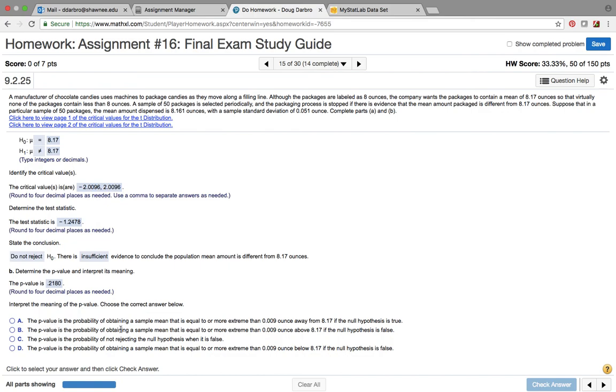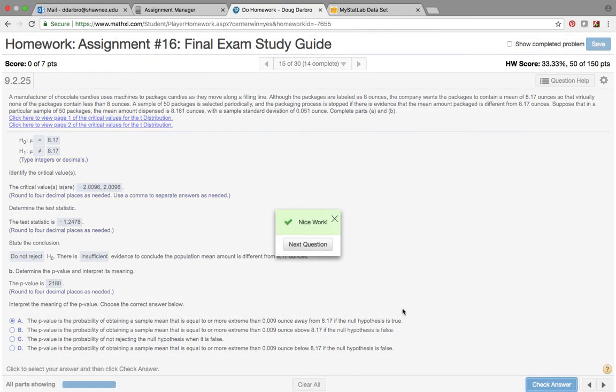Guys, all of these statements, again, the p-value is under the assumption that the null hypothesis is true. You can see that the only statement that gives the condition of the null hypothesis being true is in A. So that's the only one it could be.